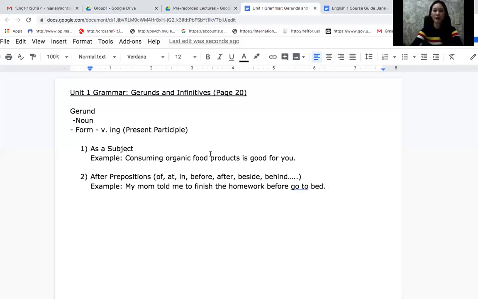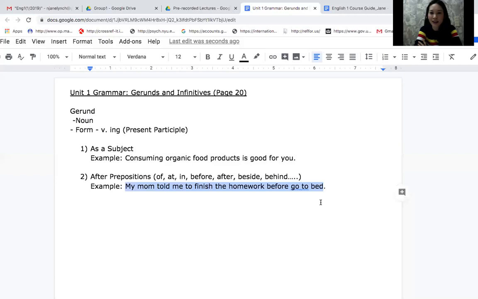Okay, if you look at this sentence right now, and if I ask you a question, can you find a mistake in this sentence? What do you think? Do you see a mistake?